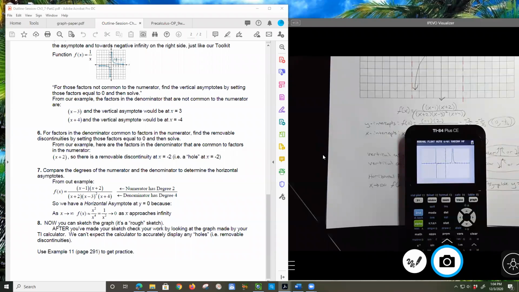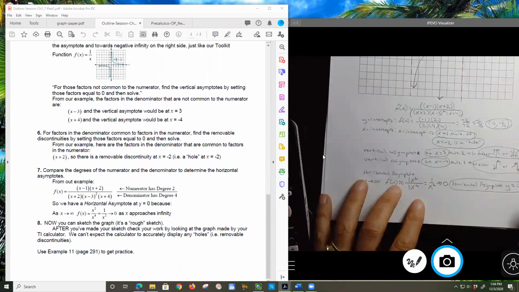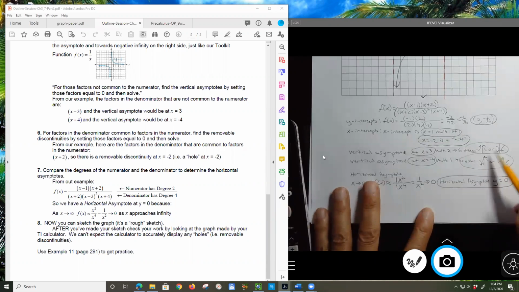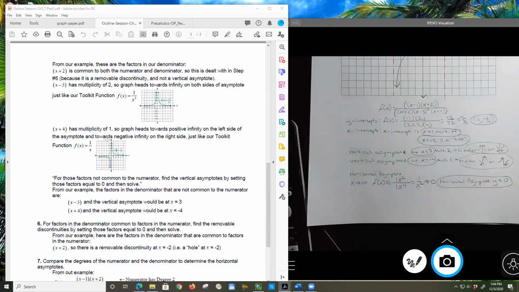And hopefully I answered the question. Someone was asking, how do I know the direction and way the vertical asymptotes will go? Hopefully when that question came up, you noticed what I was describing here, and that's described here.